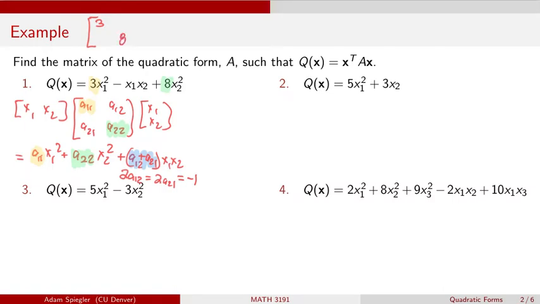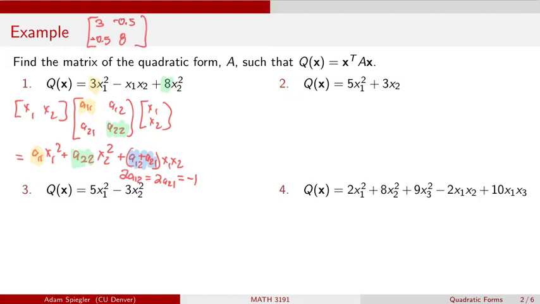For the off-diagonal entries, we have a condition relating to the mixed term. We know that 2a12 needs to equal the minus 1 that we have as the coefficient in front of the x1, x2 term. Dividing by 2 gives us that a12 is going to equal minus 1/2, and that should also equal a21.